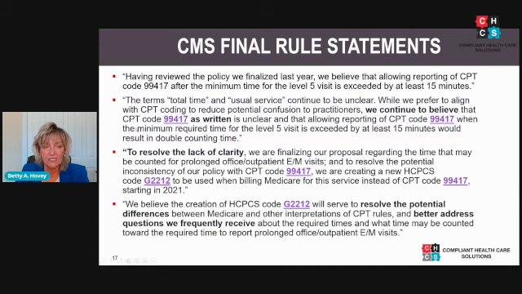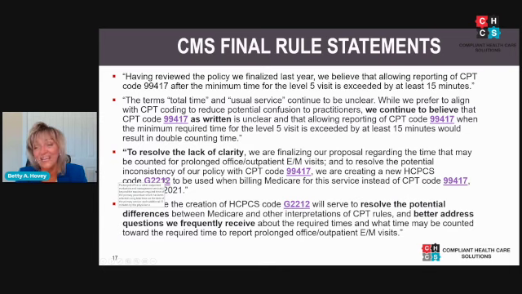I also put in here the CMS final rule statements. In the Federal Register, when the final rule came out, CMS tried to further explain why they were doing it. They said, we reviewed the policy that we finalized last year, and we believe that allowing reporting of 99417 after the minimum time is exceeded by at least 15 minutes.